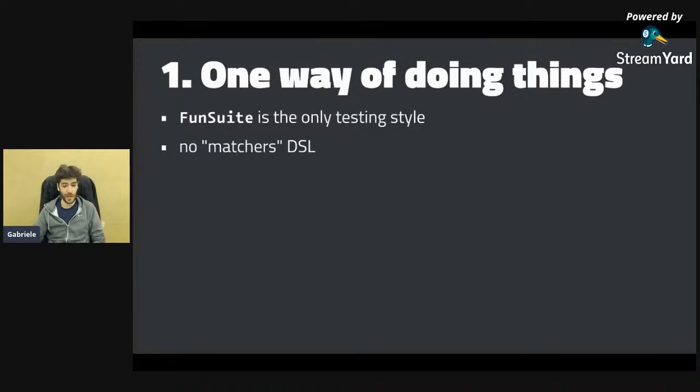This is opposed to other libraries that choose to have a very customizable approach. For instance, in ScalaTest, FunSuite is one of the testing styles. So you also can have behavioral tests. You can have different DSLs for writing tests, and so on and so forth. And so you need to choose and pick your own style and build together a lot of traits to construct your perfect suite, let's say.